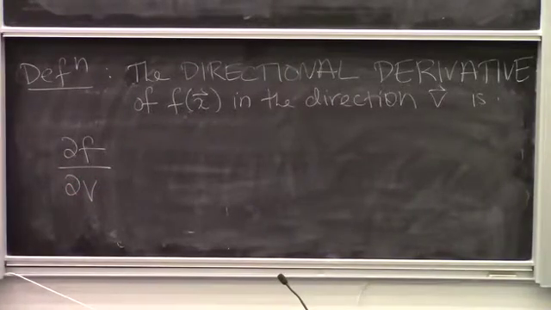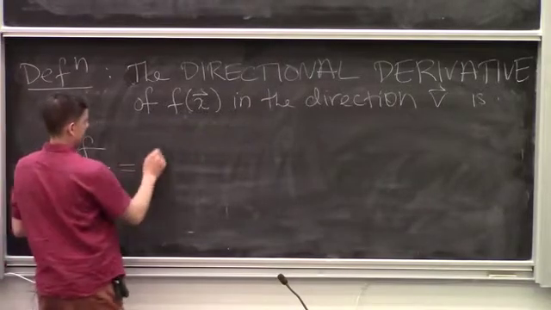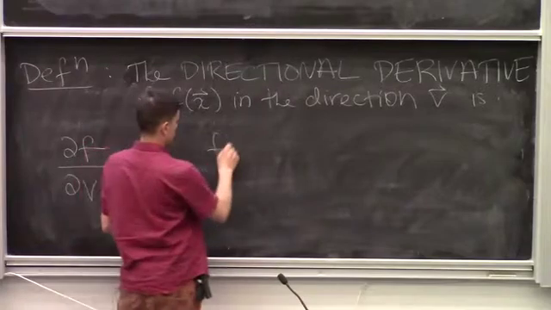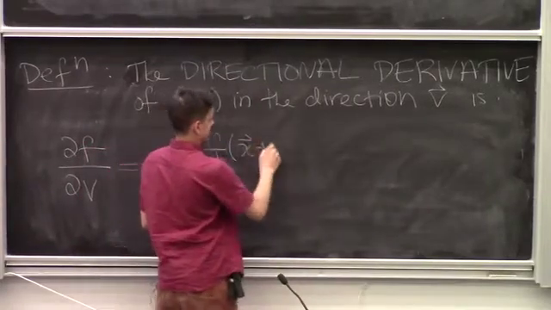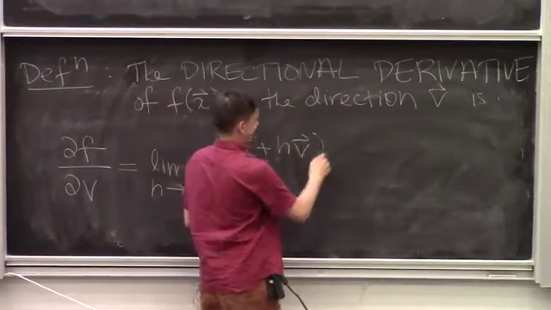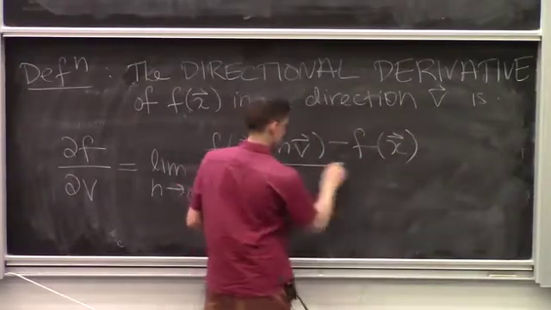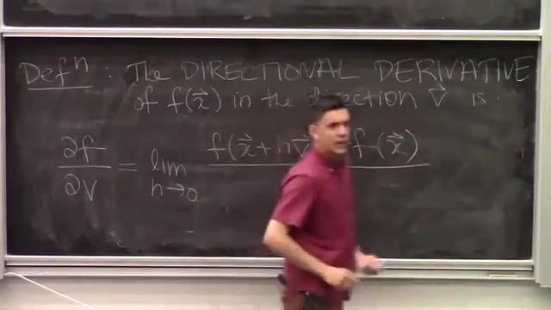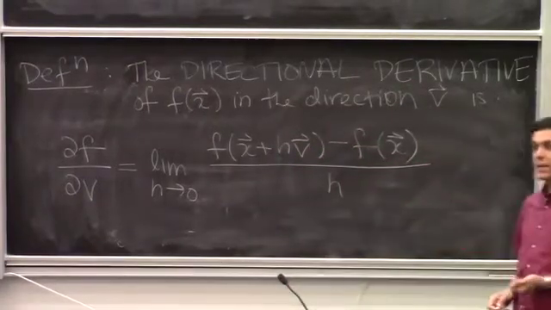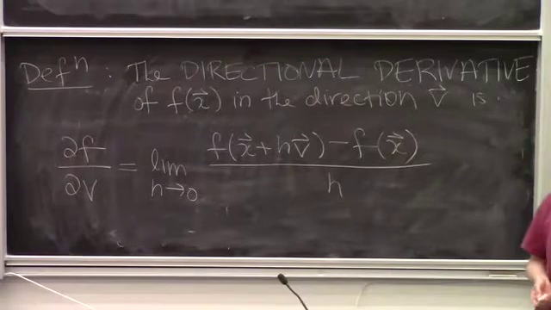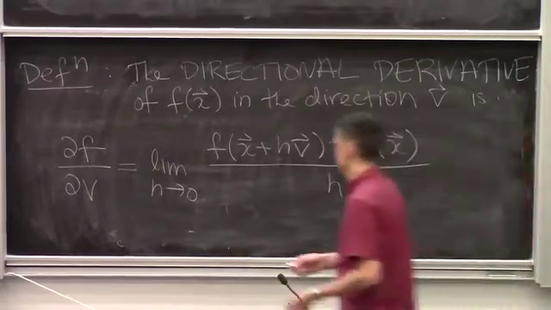Okay, so we do df dv. We get the following thing. Okay, so this measures the rate of change in the direction of v.